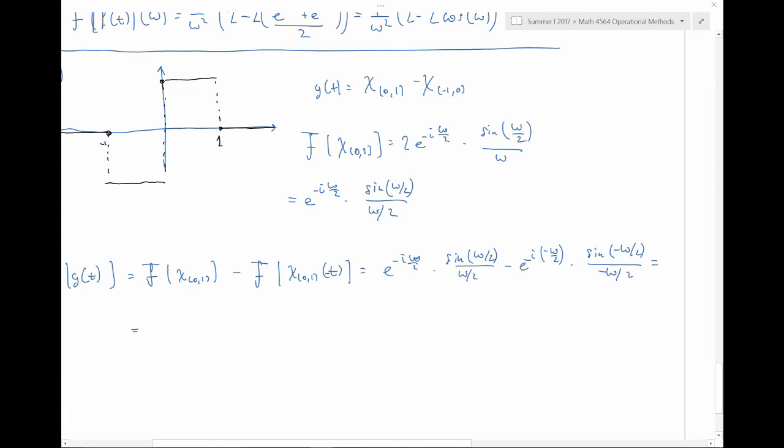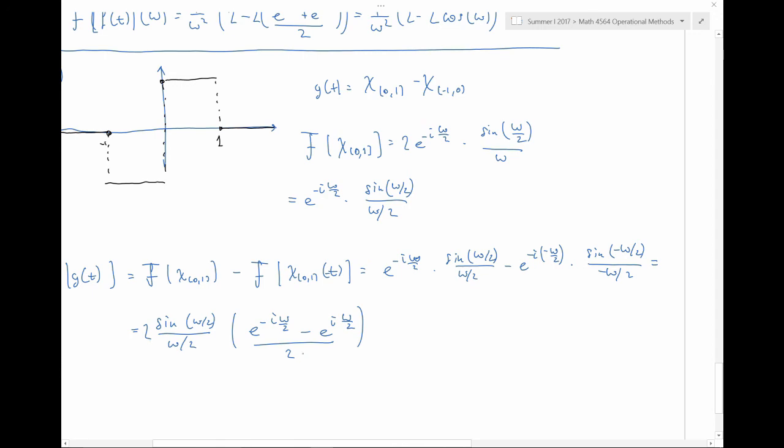This simplifies into, I can pull sine of omega over 2 over omega over 2 outside of this expression because in the last fraction the minus signs cancel out, since sine is an odd function. So what's left is e to the minus i omega over 2 minus e to the i omega over 2. Dividing by 2, we'll have to bring the factor 2 outside.